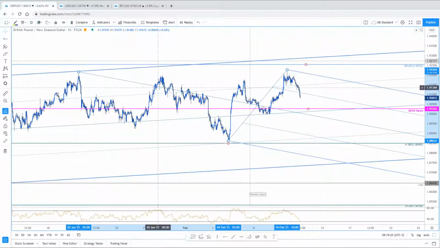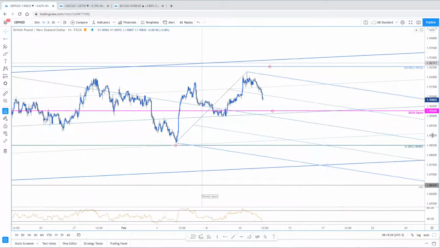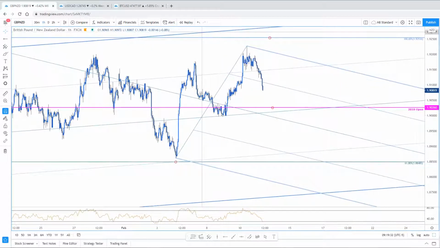Gives you a little bit better of a gradient.